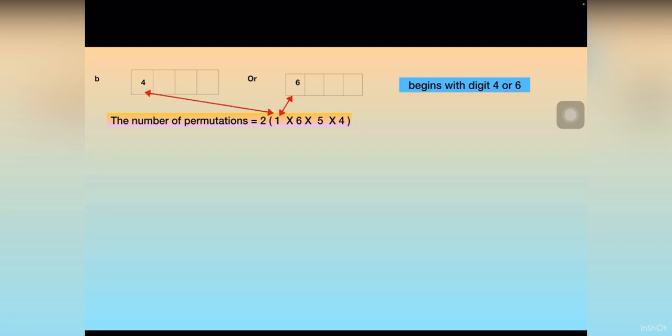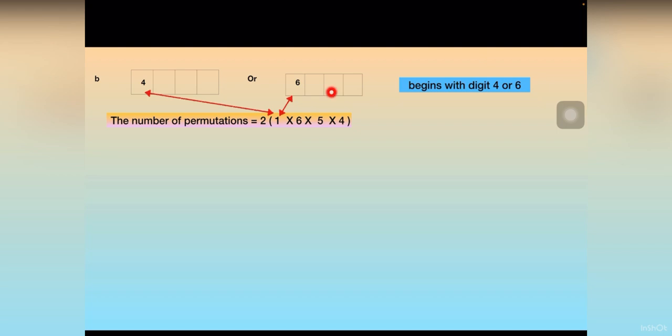If it begins with digit 4, then we have 7 minus 1, that is minus number 4, so we have 6 ways. And we have the same thing here also if it begins with digit 6. So that's why we multiply by 2.